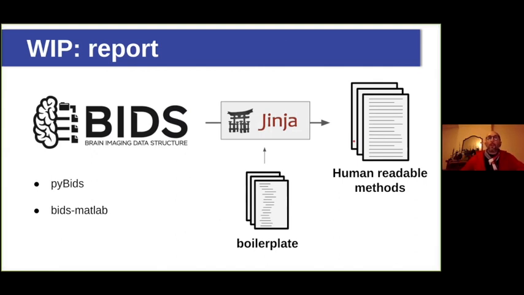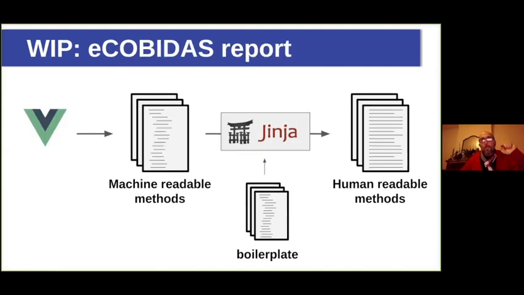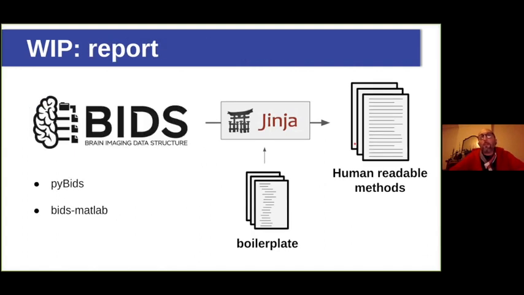That's not exactly how we're going to do it at the moment, because we want to start with a simpler problem, as generating an entire method section for an entire paper would be too complicated. So right now we are starting with trying to have the method section for a BIDS data set.